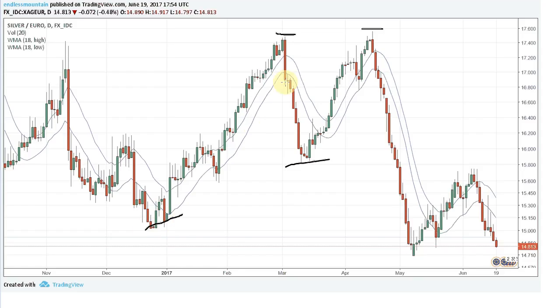Then after its deep pullback and an okay rally, it has a much, much deeper pullback that not only took out the previous low, but also took out this low as well. It's now at areas not traded since in here, and obviously before November of last year.